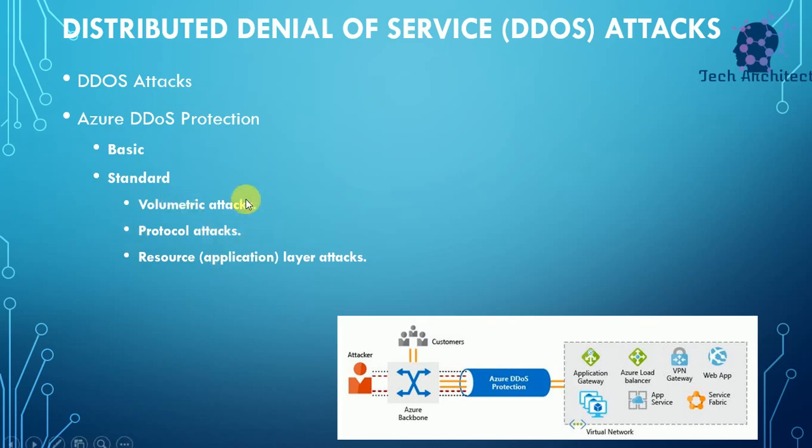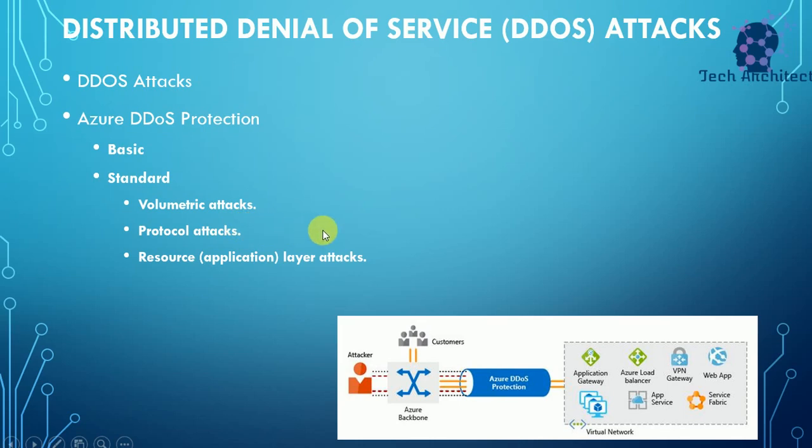Standard: the standard service tier provides additional mitigation capabilities that are tuned specifically to Microsoft Azure Virtual Network resources. It can mitigate the following types of attack. Volumetric attacks: the attacker's goal is to flood the network layer with a substantial amount of seemingly legitimate traffic.